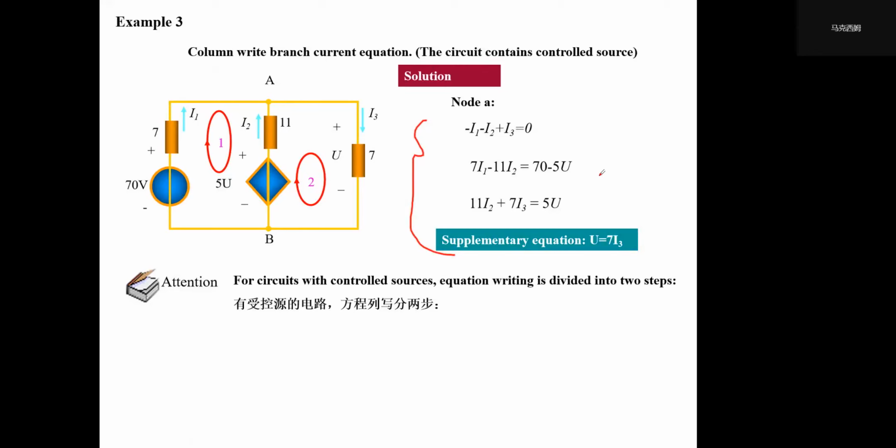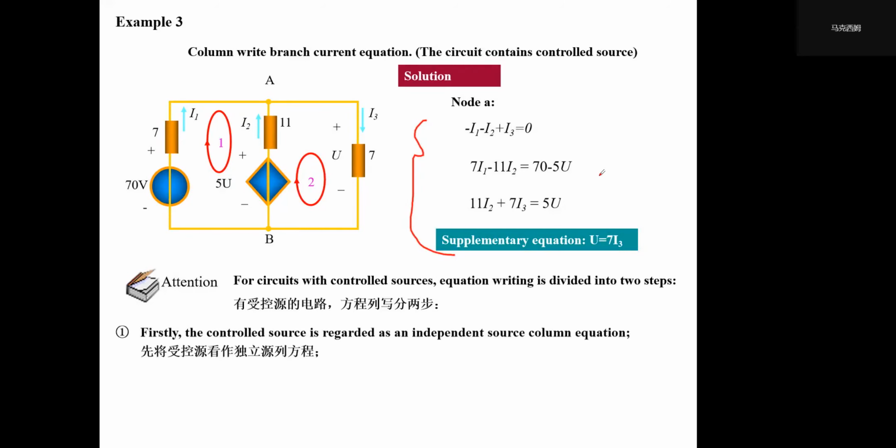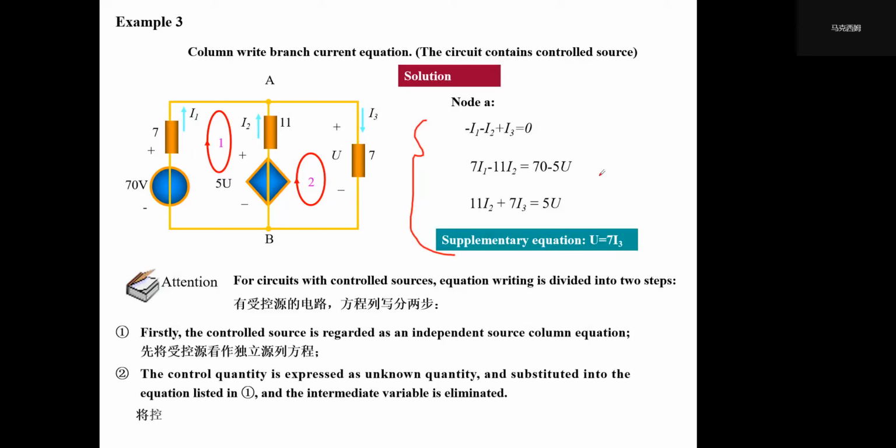How to write the equations? There are two steps. First, we consider the controlled source as an independent source. And then we can just write the normal KCL and KVL equations. And then we write a supplementary equation to represent the constraints on the controlled source.